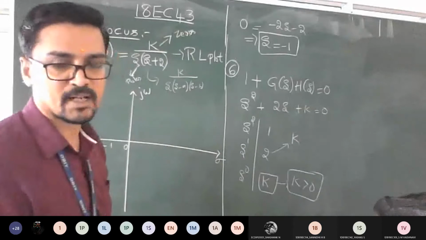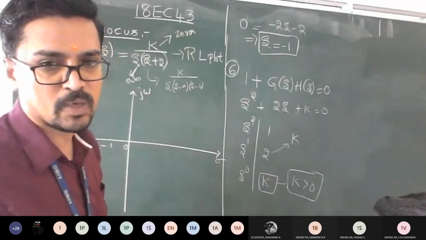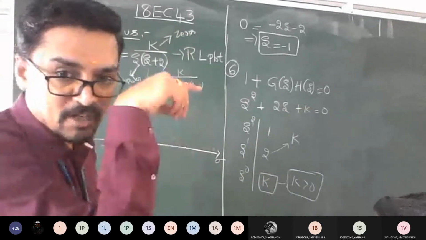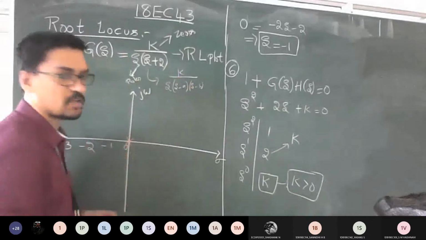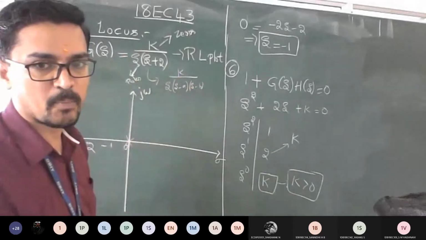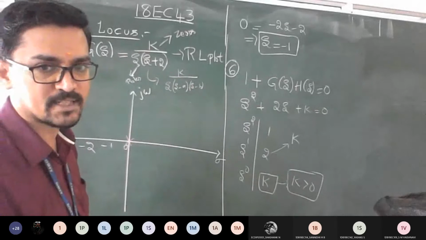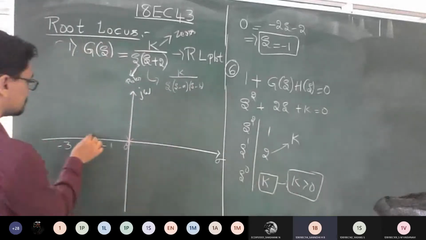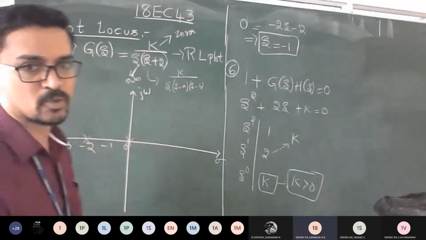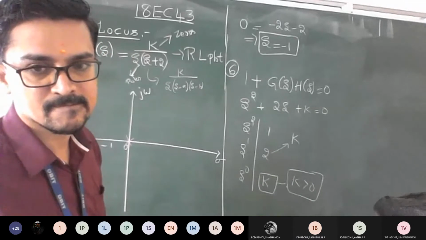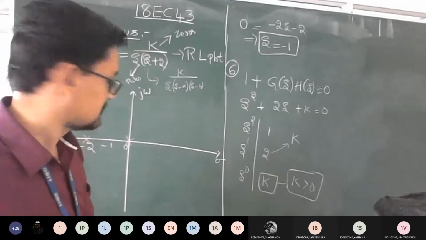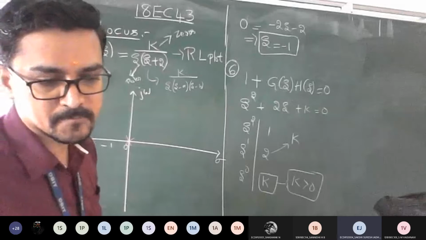We know that the number of poles is 2. One is at position, that's why I told the position of poles, one is at 0, exactly on 0. So this is pole number 1. Similarly, the position of one more pole is at minus 2. Is it okay, guys? Yes, sir. Is it okay?